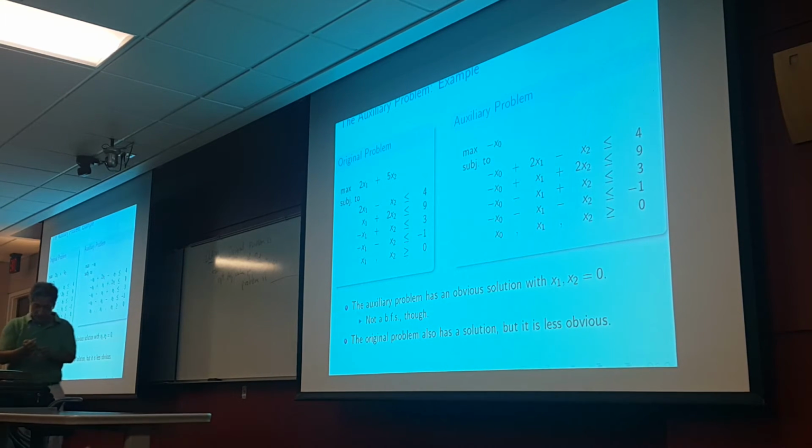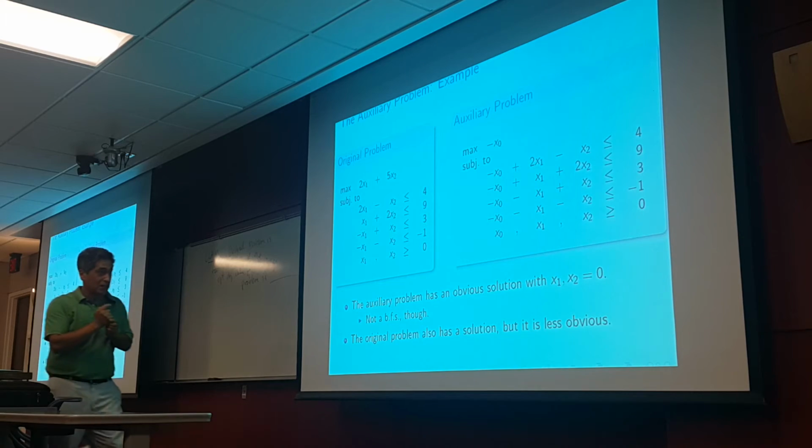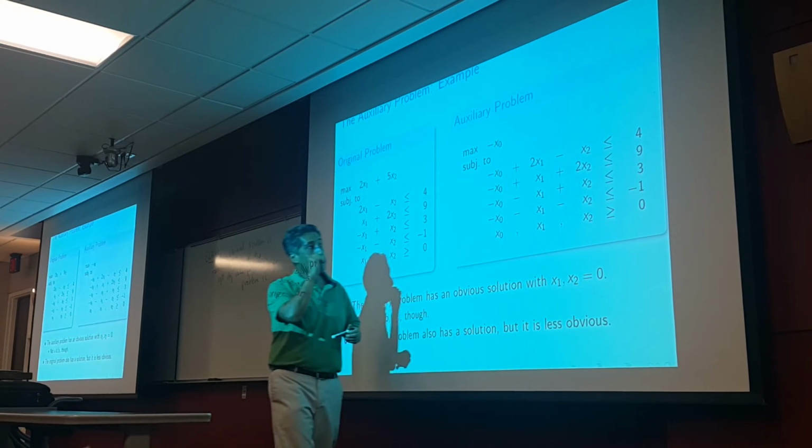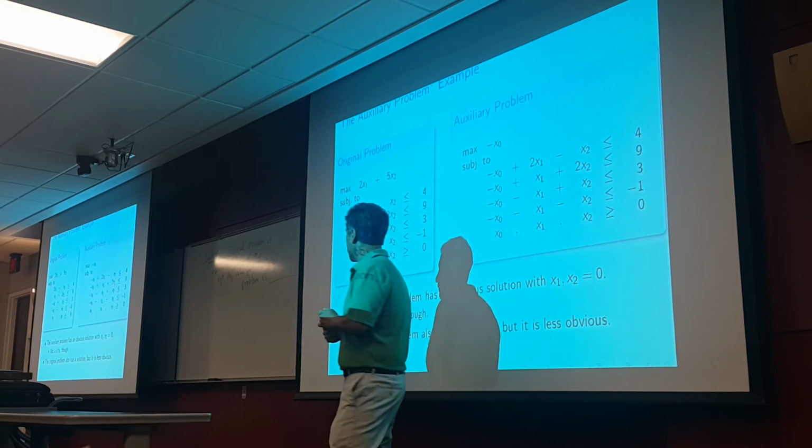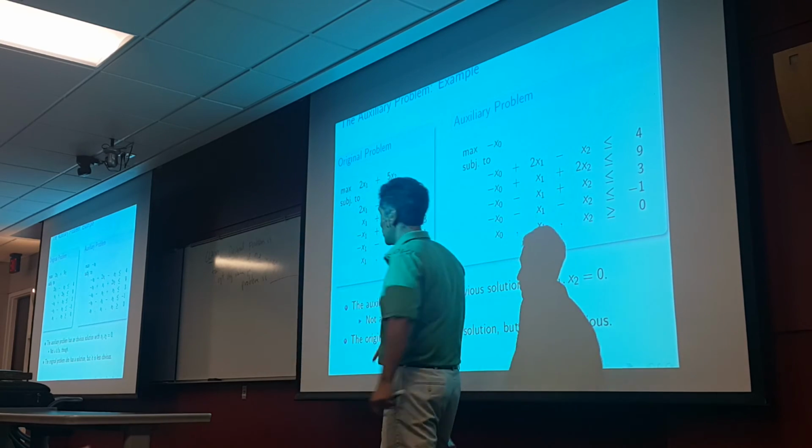So when is the original problem feasible? What does the objective value for this auxiliary problem have to be?